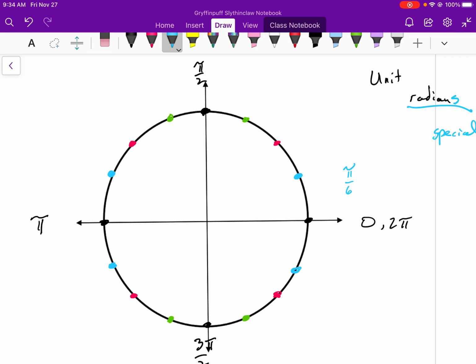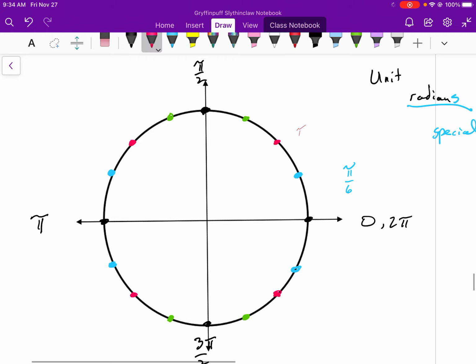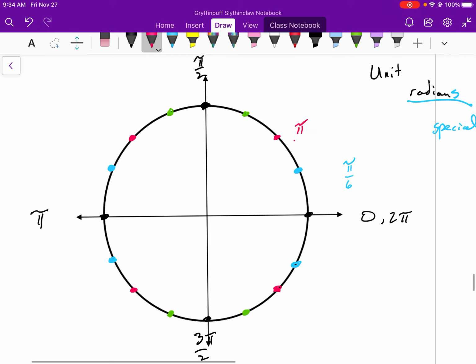Recognize that this smallest angle is pi over 6. The medium special angle is pi over 4. And the highest special angle is pi over 3. If you're having a difficult time placing these angles, I can ask you a similar question: order these fractions from smallest to greatest.